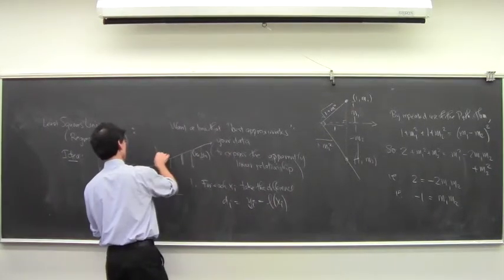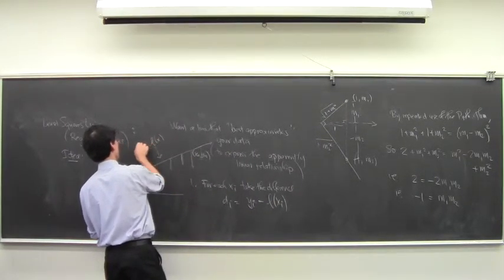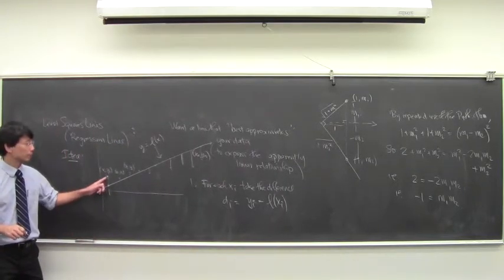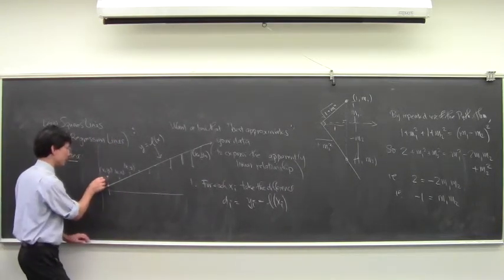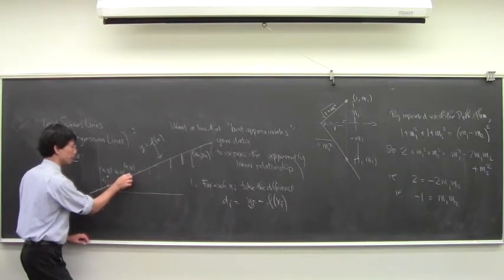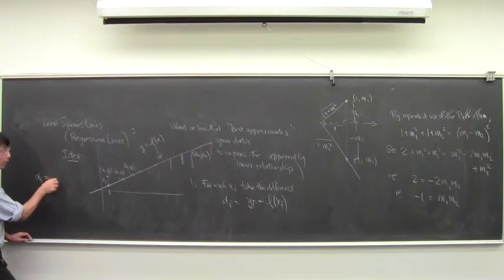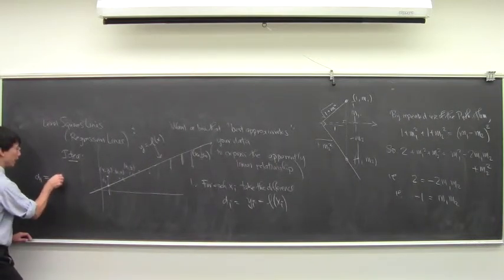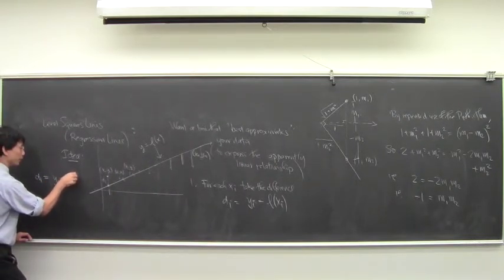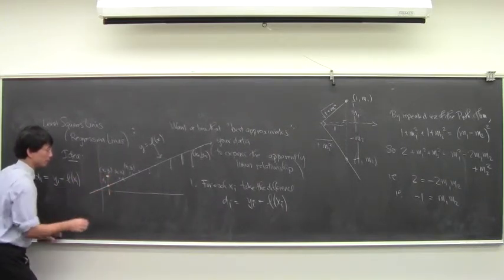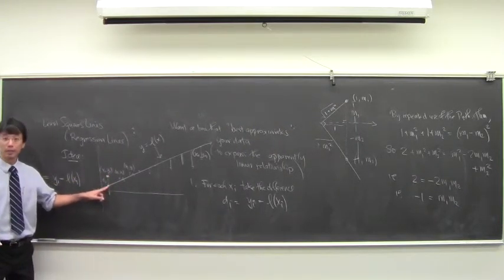Here's your line, y equals L of x. This length is your d sub 1, this is d sub 2, d sub 3, and so on. d sub 1 is y1 minus the line's value at x1.